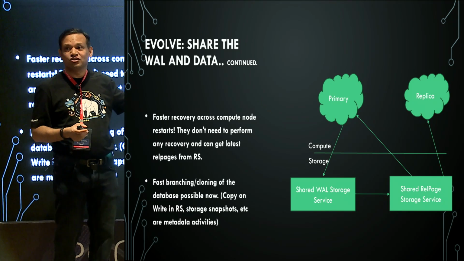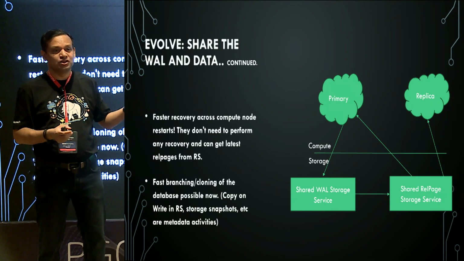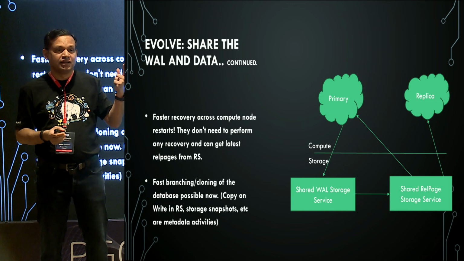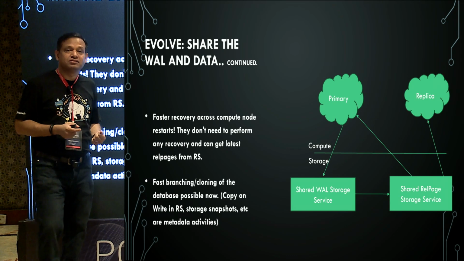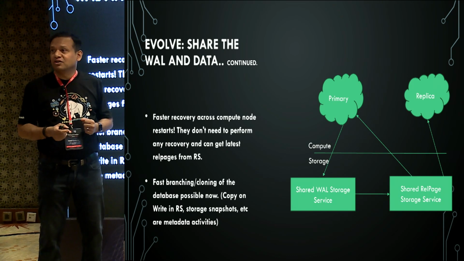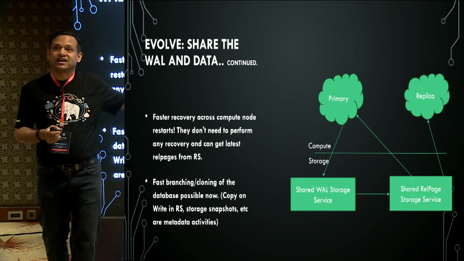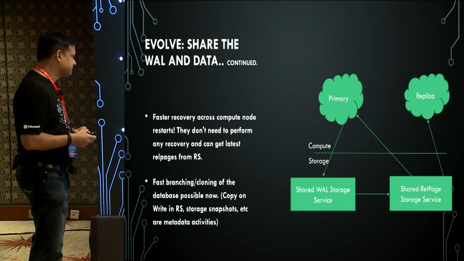So if you want to do a clone, you just do a metadata operation saying clone or snapshot, and then you can spin up another serverless architecture elsewhere using that snapshot, right?